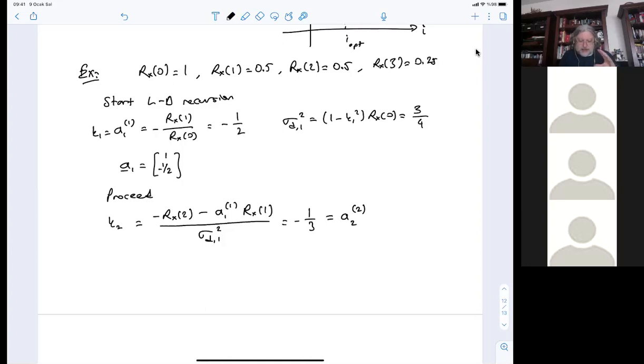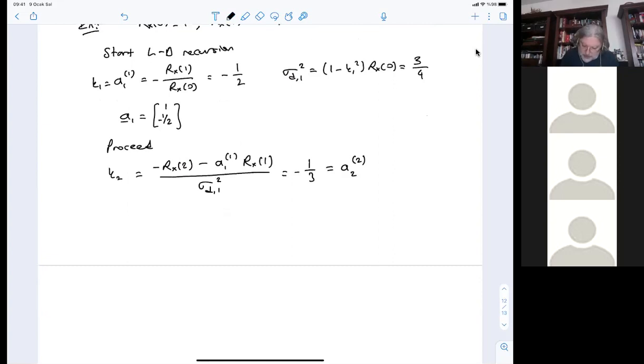But the previous coefficient, which was already 1 over 2, will also be updated. So what will it become? We will see. But before that, maybe I should also update what is sigma d2 square.